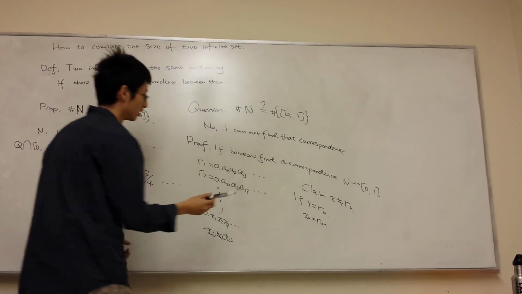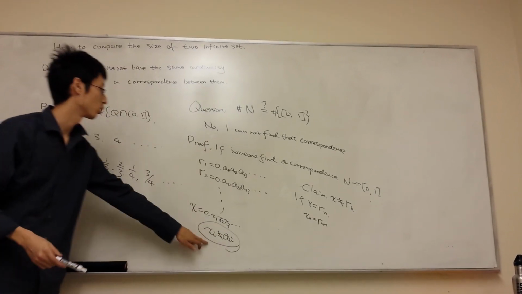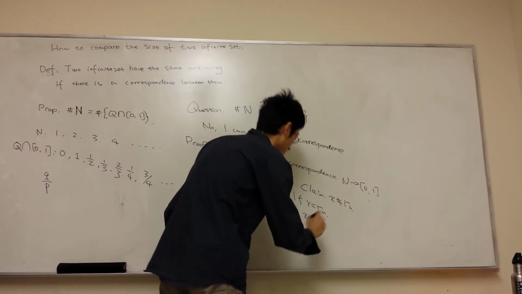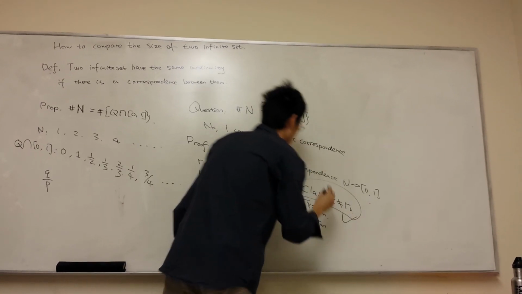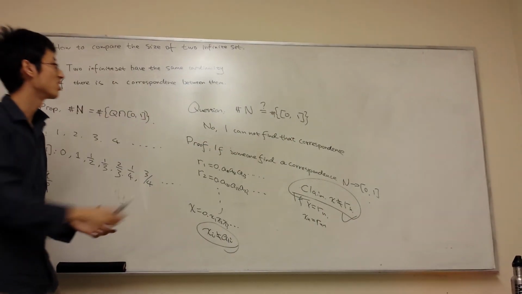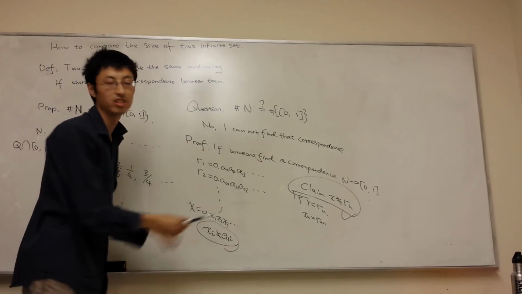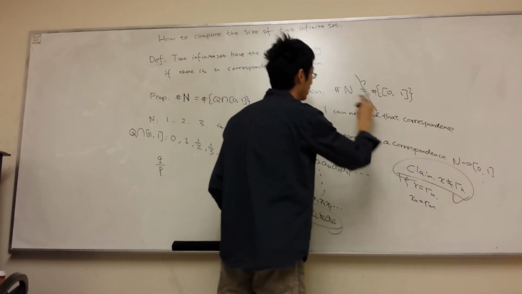That contradicts our construction, where x_i is not equal to a_ii. So we prove this claim. We find a number in [0, 1] that is not equal to any r_n, so we prove they are not equal.